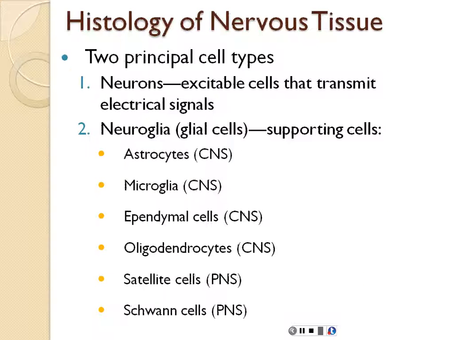All right, histology. So the main cell of the nervous tissue is what? The main cell is the neuron, right? So neurons are the main type. Those are the special cells. What makes them so special? Exactly.